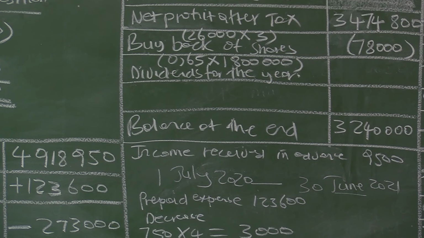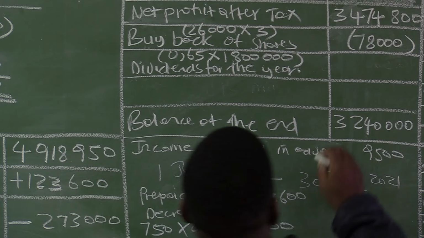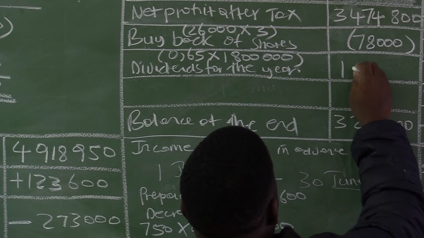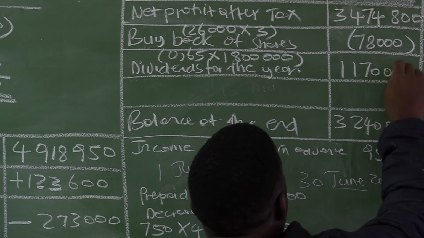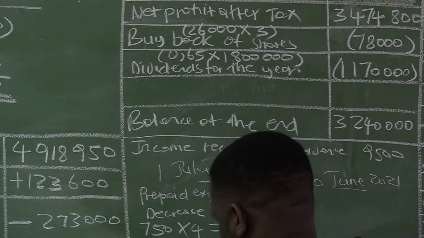So 65 cents multiplied by 1,800,000 is 1,170,000. Our dividends for the year is 1,170,000, which is in brackets.